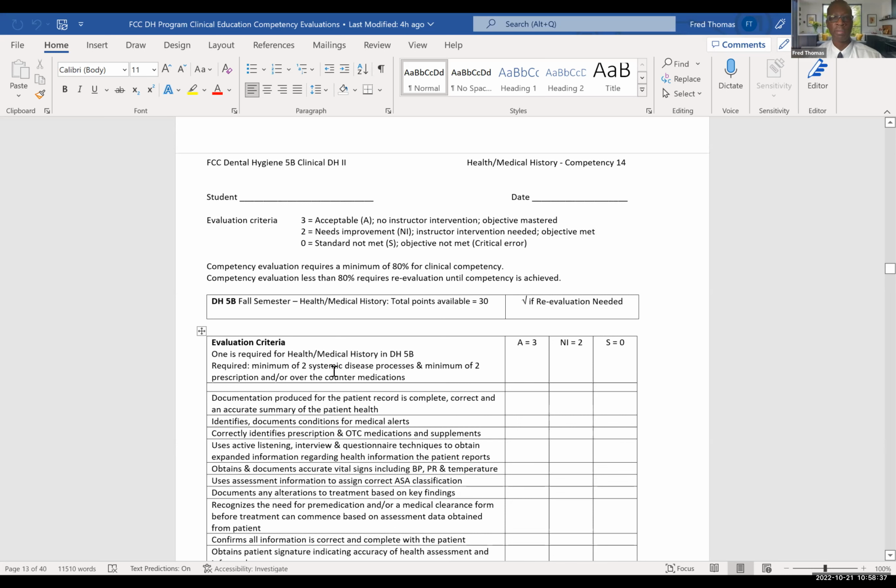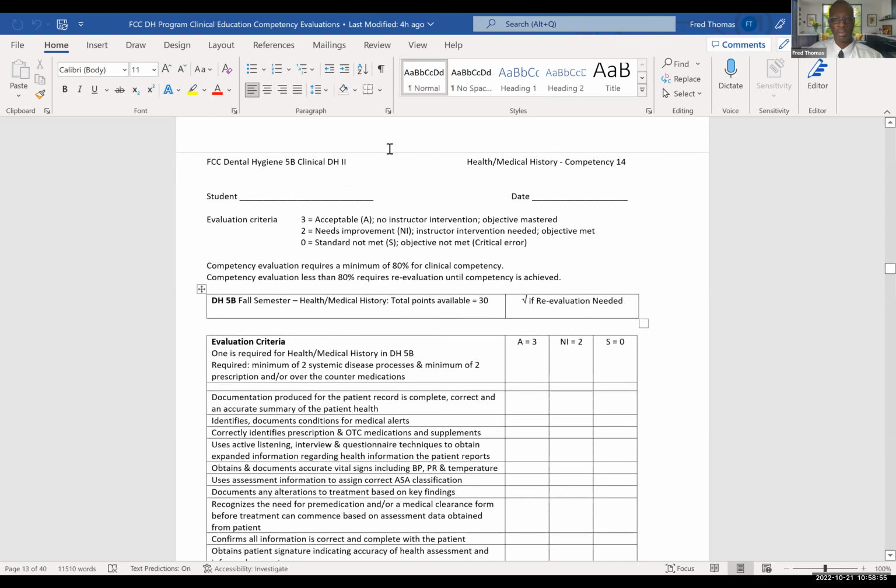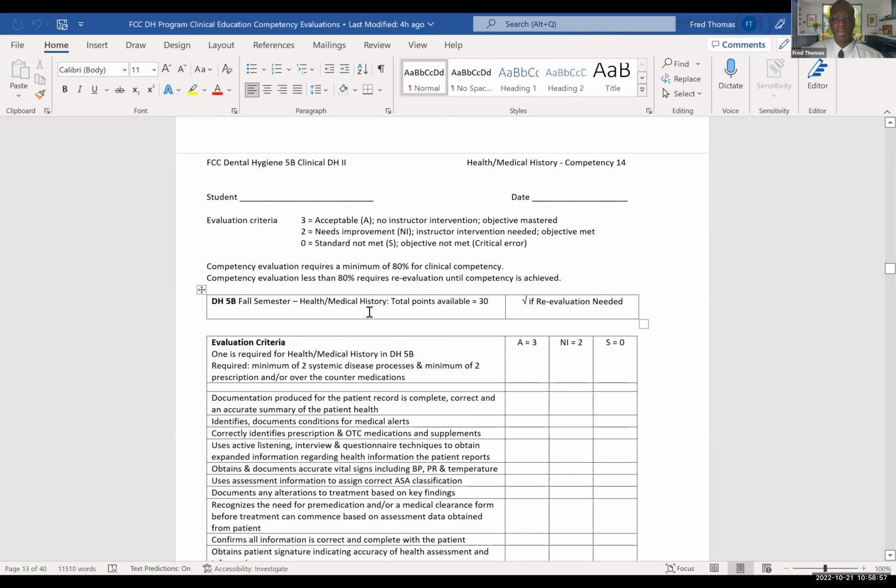So at least 2 systemic diseases, and the patient needs to be taking at least two prescriptions, whether that's an RX or over the counter. So in the next clinic, the medical health history is a little bit more involved, even though it's a medical health history competency. And again, the clinics are designed to show progression as they go through each clinic.